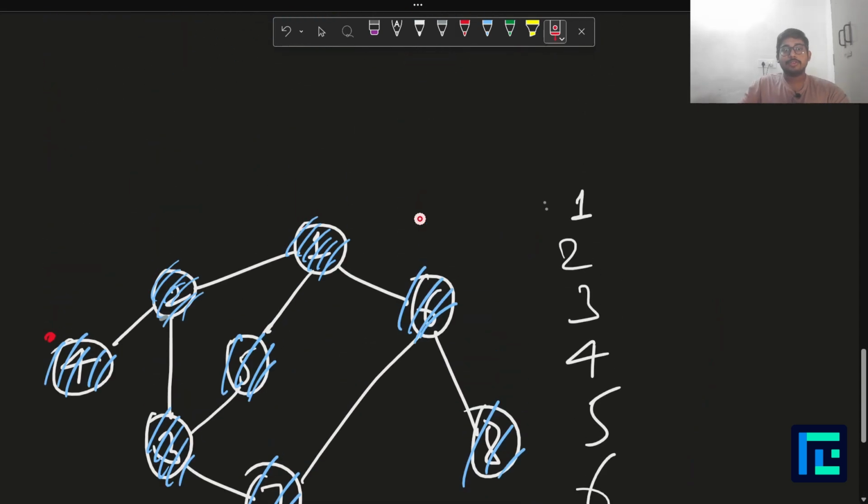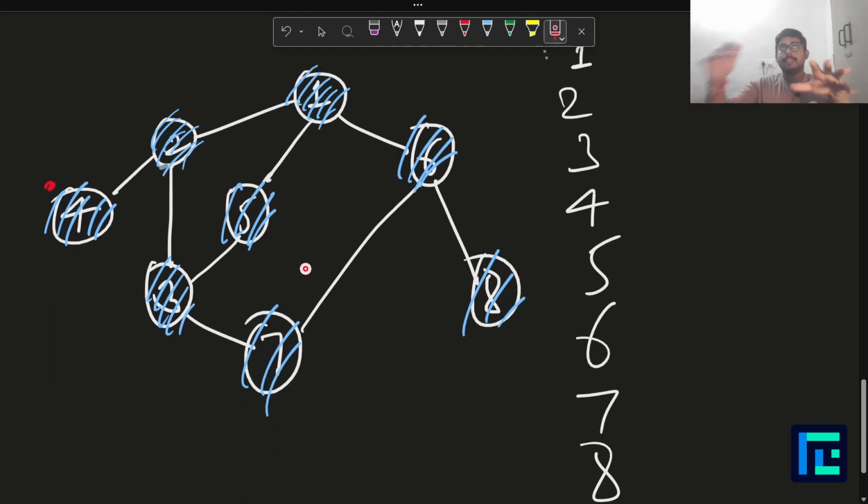Basically, start with node 1, and whatever nodes are adjacent to it, among them whichever is lexicographically smallest, include it in your group of connected nodes, and all those nodes adjacent to it, include them in the available choices. Then keep on expanding like that. So your connected graph, or the list of selected nodes, is getting expanded, and the list of nodes adjacent to them is getting updated, and among them you are choosing the smallest one.